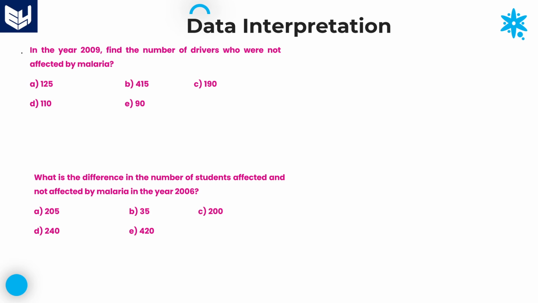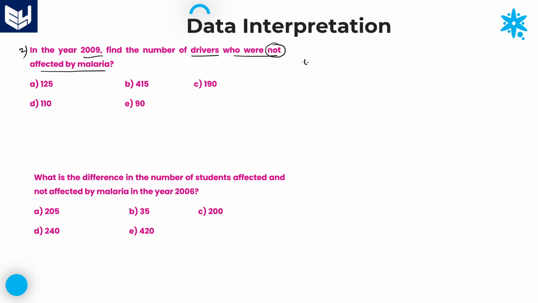Next, coming to the second question. In 2009, find the number of drivers who were not affected by malaria. Basically, how are you getting this value? Those affected by malaria, we already calculated.